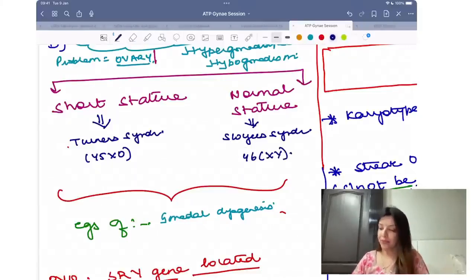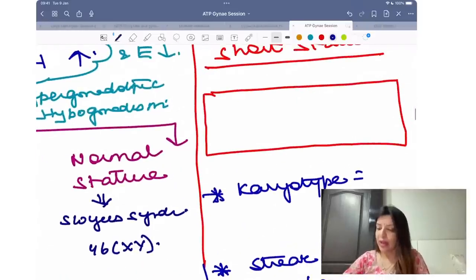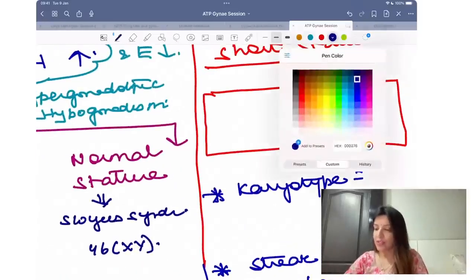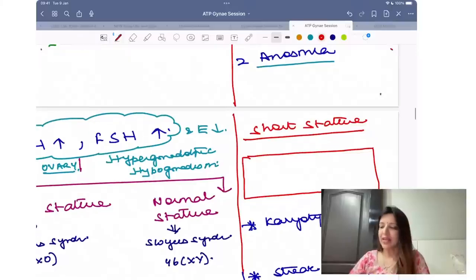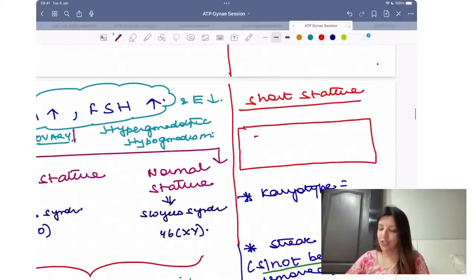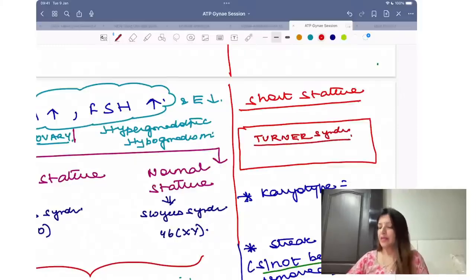So whenever, as I told you, your question says LH and FSH levels are high, estrogen less, uterus present, and short stature, short stature means Turner syndrome. Karyotype 45XO.